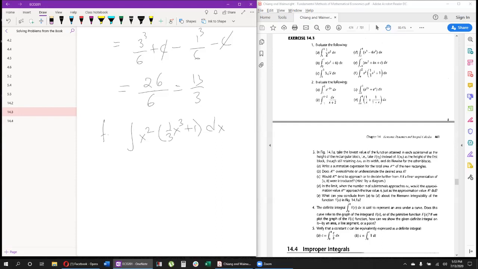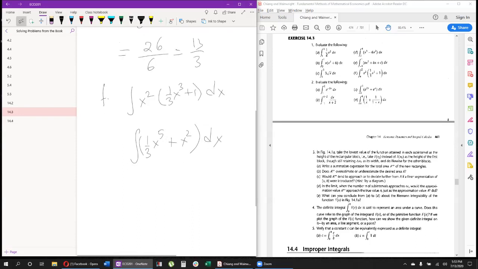One way of solving this would be to just multiply this out. So we are left with 1 by 3 x to the power 5 plus x squared, and we integrate this entire thing. That is going to give us 1 by 3 x to the power 6 divided by 6, plus x cubed by 3, plus c.